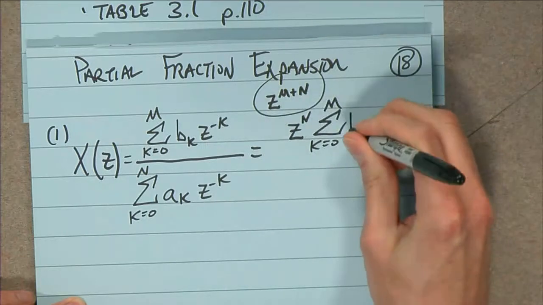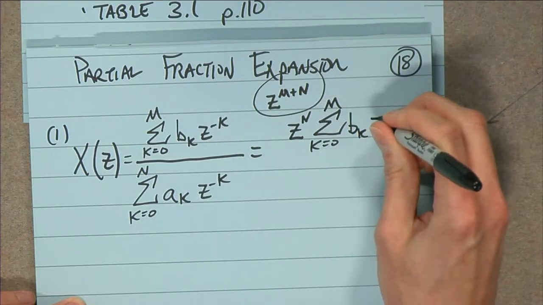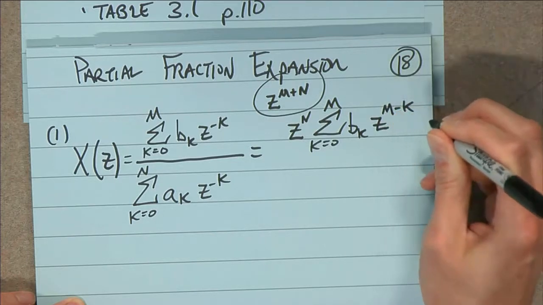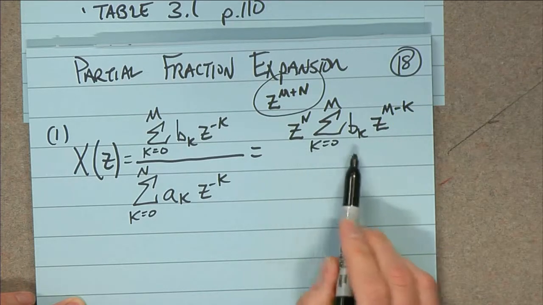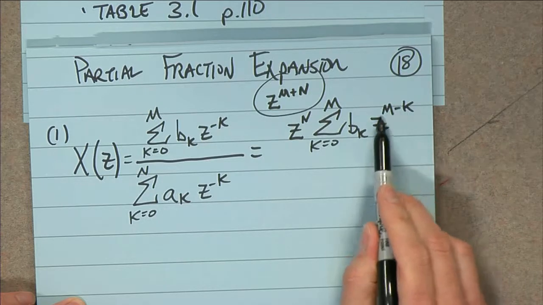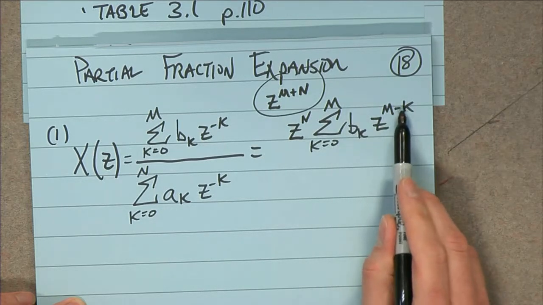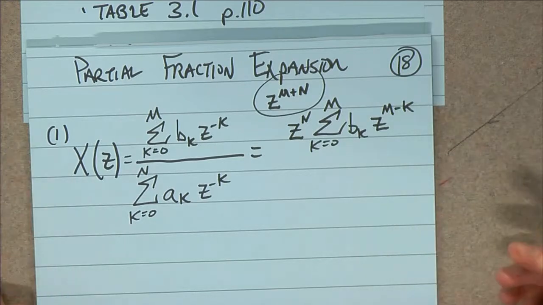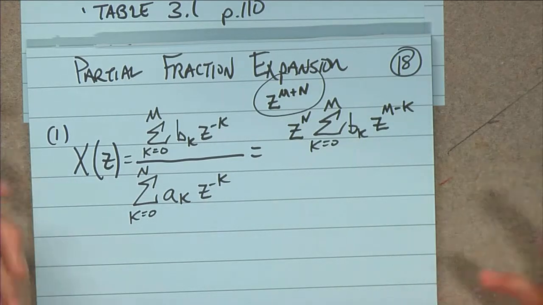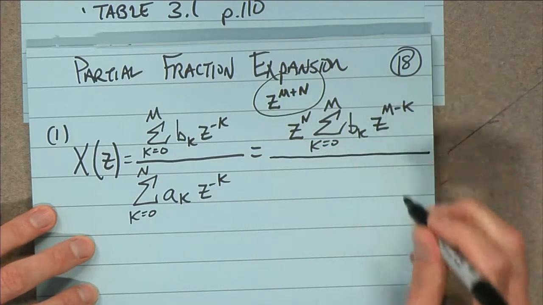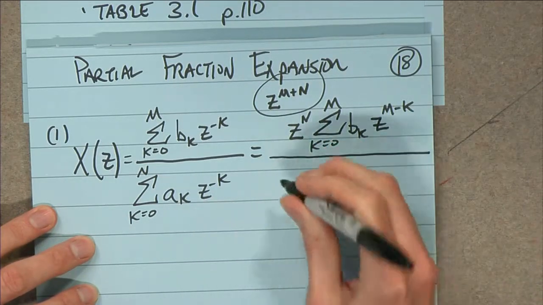So I end up with z to the m minus k. And so now you can kind of see, all right, k equals 0, I got z to the m. As k goes up, I get m minus 1, 2, 3, all the way to m minus m, which is 0. So you end up with an mth degree polynomial up there. We'll do the same thing down here, use the same trick.